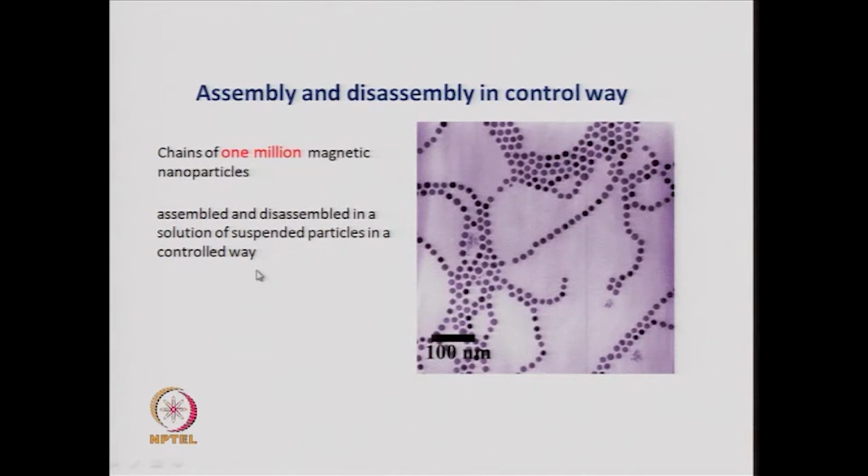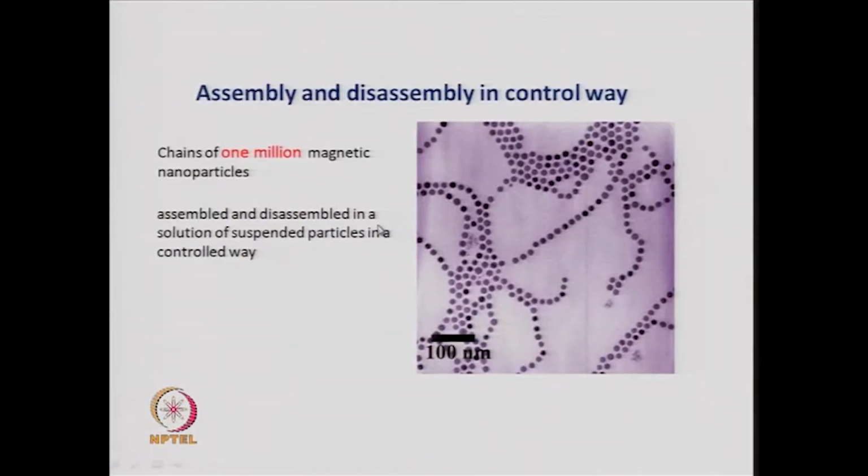If you can do that, then you can use it in real life. You can make it assemble at a part in the body, and you can make it disassemble using a trigger. The trigger may be a change in the magnetic field or a change in the pH or something like that. Since these are magnetic particles, normally a change in the magnetic field can create the assembly or disassembly in a controlled manner.